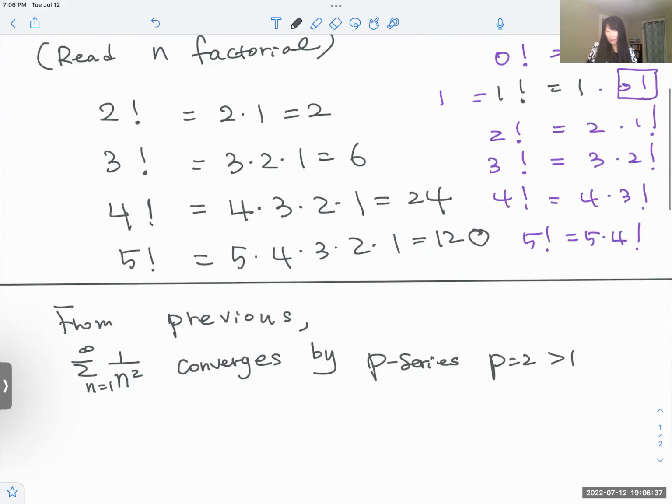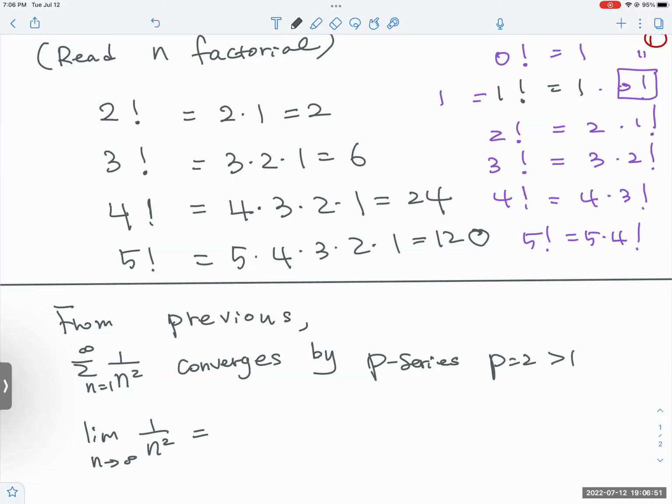But then, look, if we take the limit, 1 over n squared approaches what? It's 0. Yes, thank you, it's 0, right? But we know that the series 1 over n diverges.